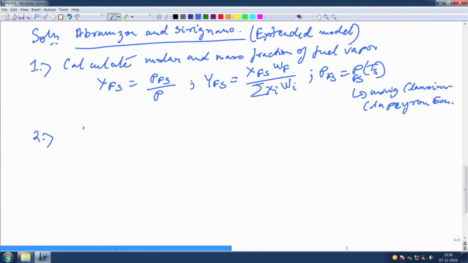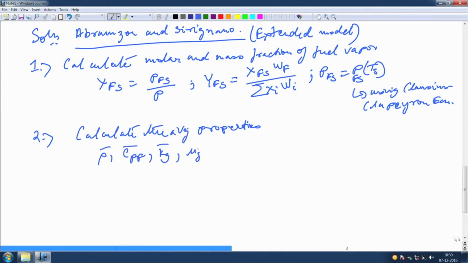Step 2, calculate the average properties. Average properties here means rho bar, CPF bar, kg bar, mu g bar, etc., in the gas film. Up to this step it should be fairly easy. So, you are using the Clausius-Clapeyron equation to calculate the mass fraction and the mole fraction on the gas side, and then you are using the average properties in the gas film.